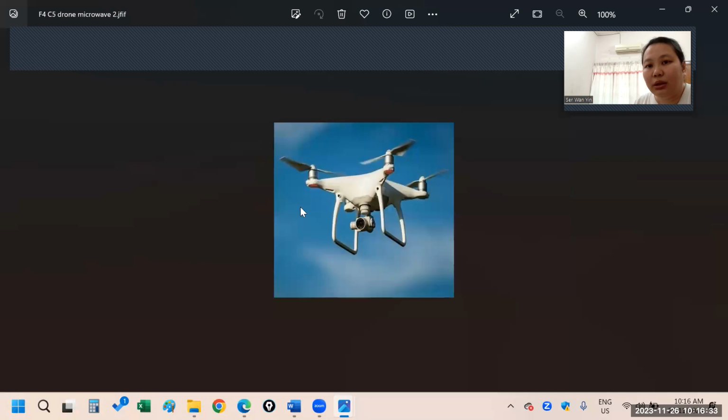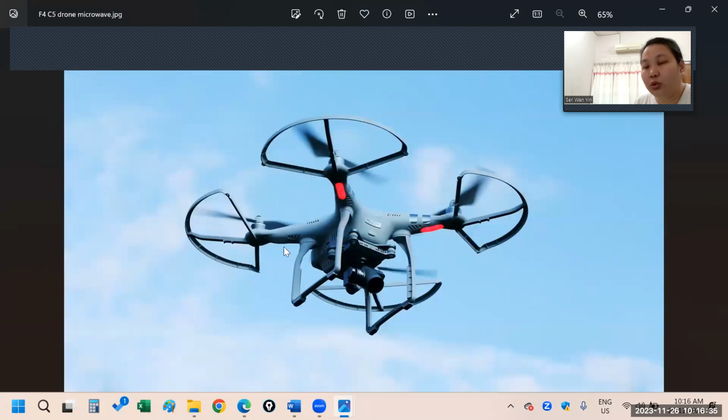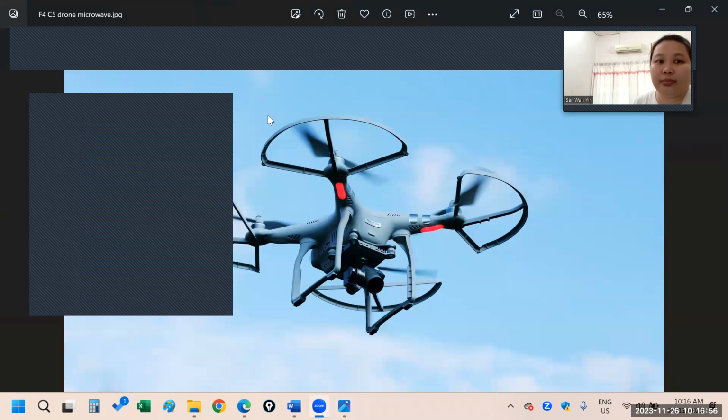Oh, by the way, drone. Normally, what wave do we use to control the drone? Can you guess? Is it radio, microwave, infrared, visible light, ultraviolet, X-ray, gamma ray? Which one? Guess. Thank you, Liang Zhi.